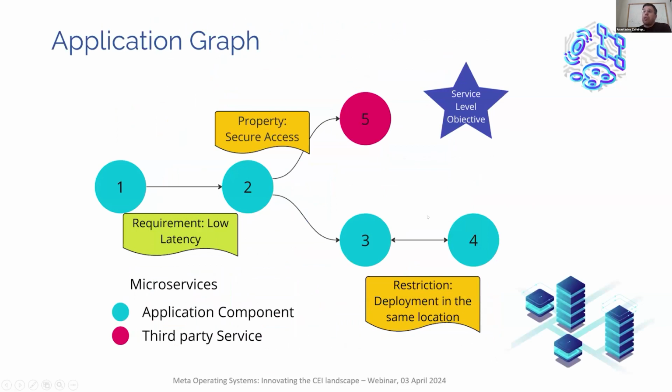In all cases, we consider deployment of application graphs, where we denote requirements, at component, node, and link levels, specific properties that have to be guaranteed, and constraints in the form of restrictions. And we have high-level service level objectives that we want to satisfy.